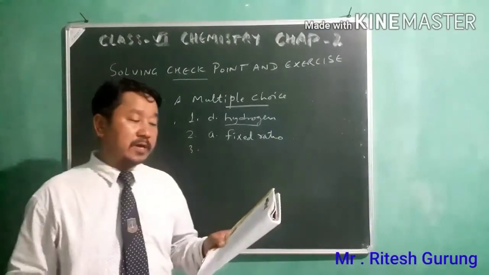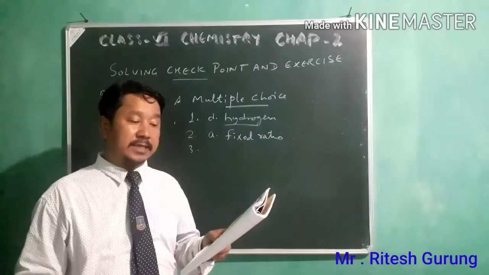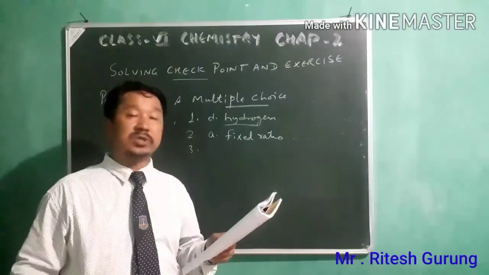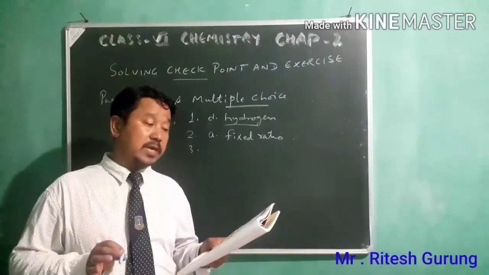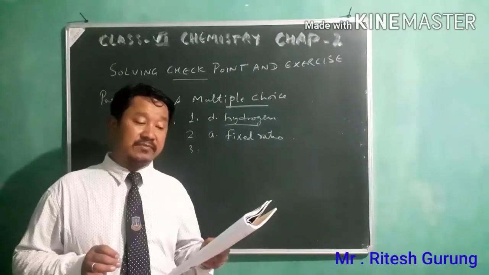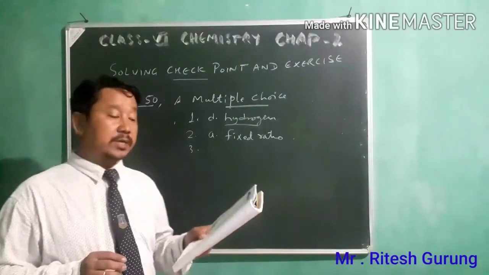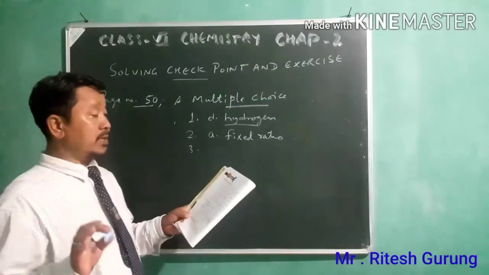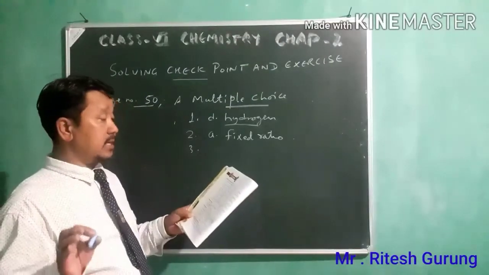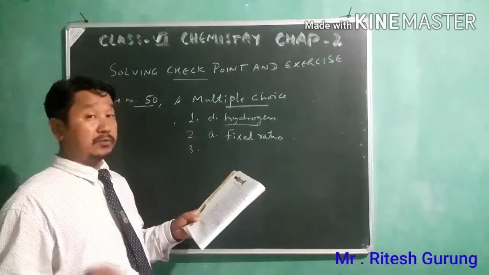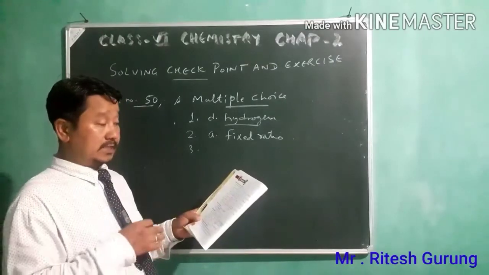Question number 3. A mixture of ammonium chloride and sand is separated by which method? There are 4 methods given: evaporation, decantation, filtration, and sublimation. You have done this last time also.